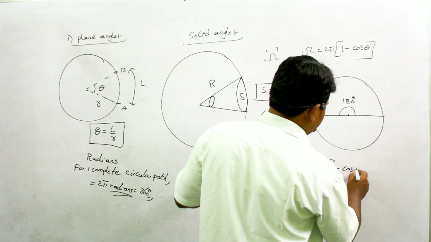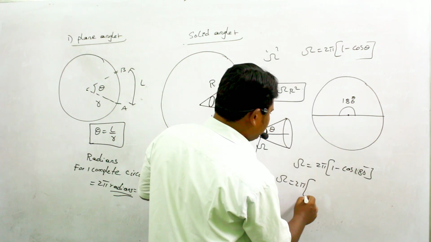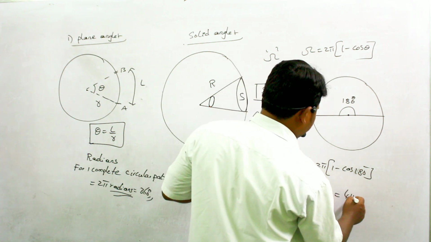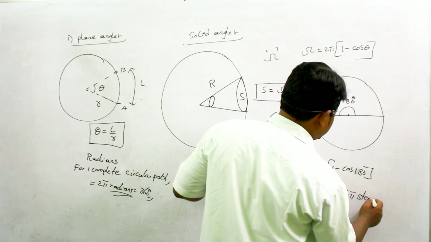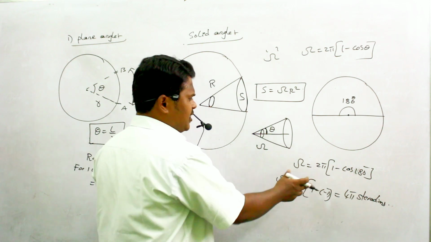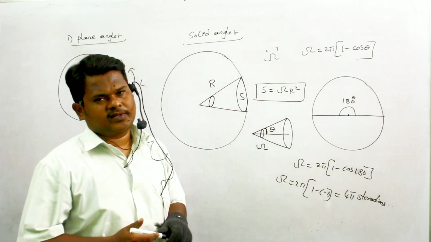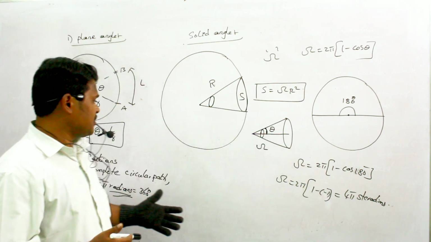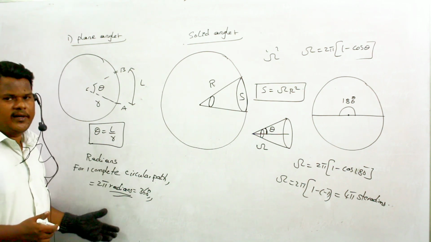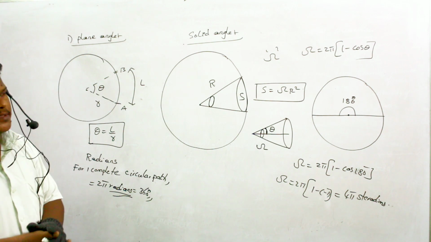So sigma is equal to 2 pi into 1 minus of minus 1, which is equal to 4 pi steradians. Therefore, the total solid angle formed at the center of the sphere is 4 pi steradians, and at the center of the circle, the total plane angle created is 2 pi radians.